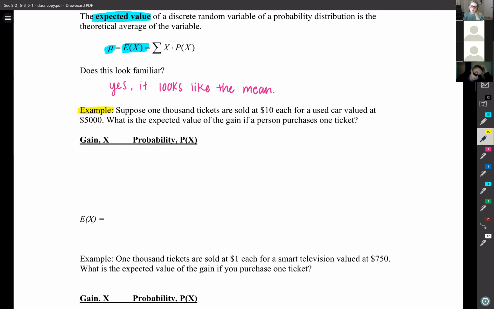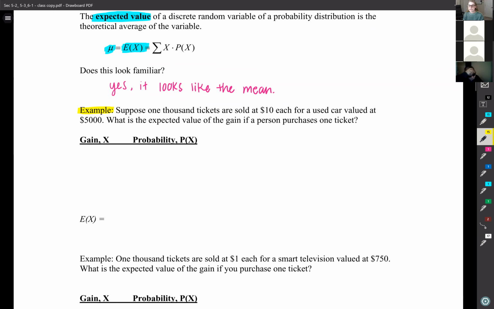What is the expected value of the gain if you purchase one ticket? Okay, so we're going to define our random variable x as gain. So what this means is, what are the possible gains if you purchase a ticket?